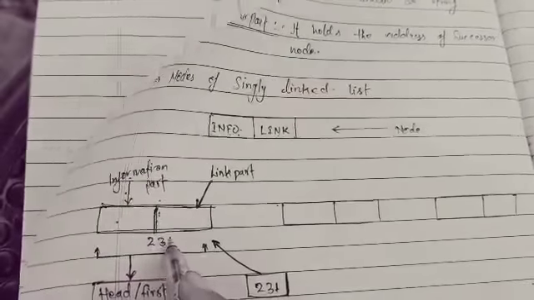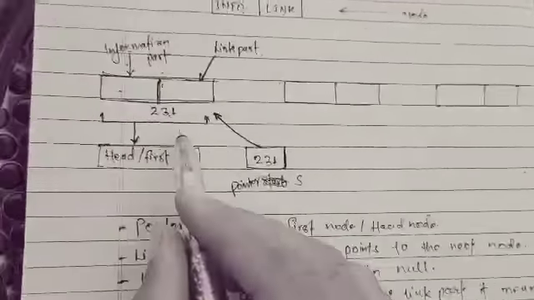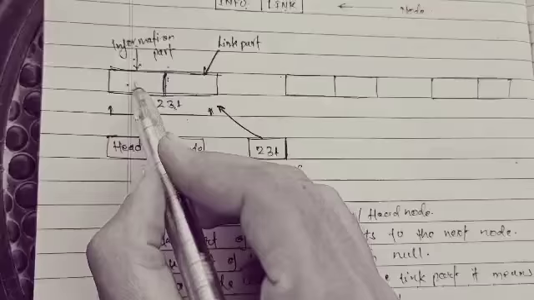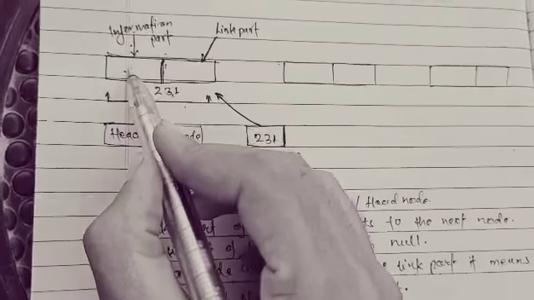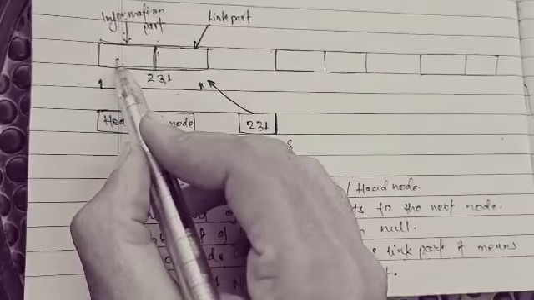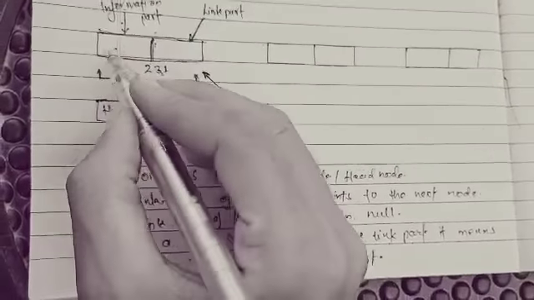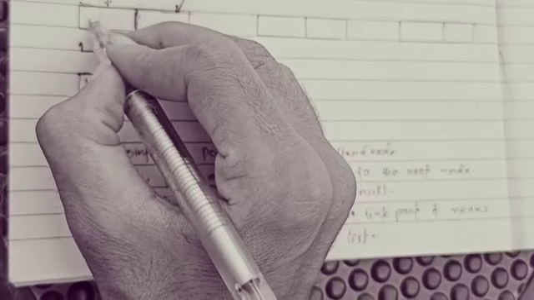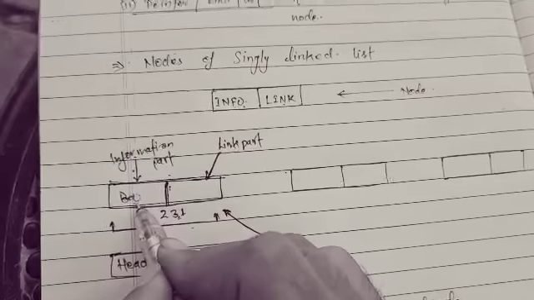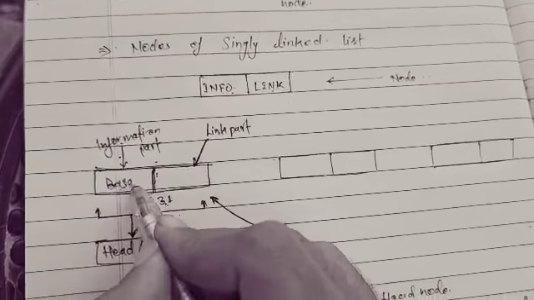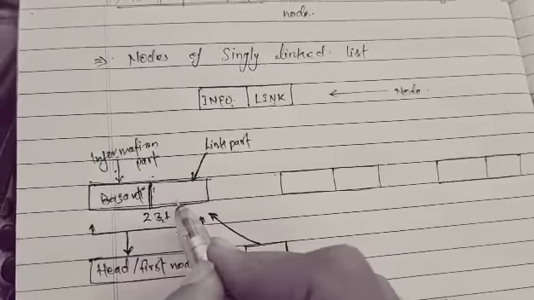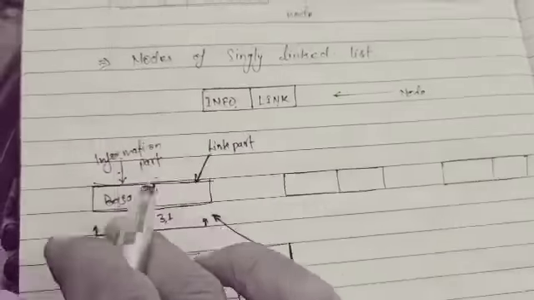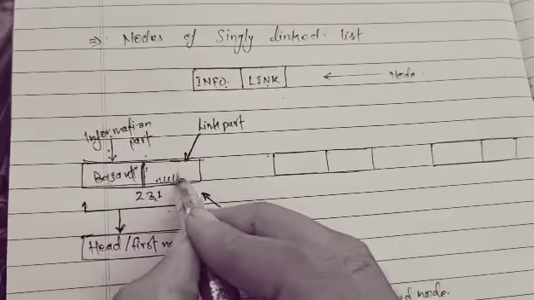And this is 231, the address of the node. The information part contains any value, either string or numeric. So here we put a string value, Basanti.